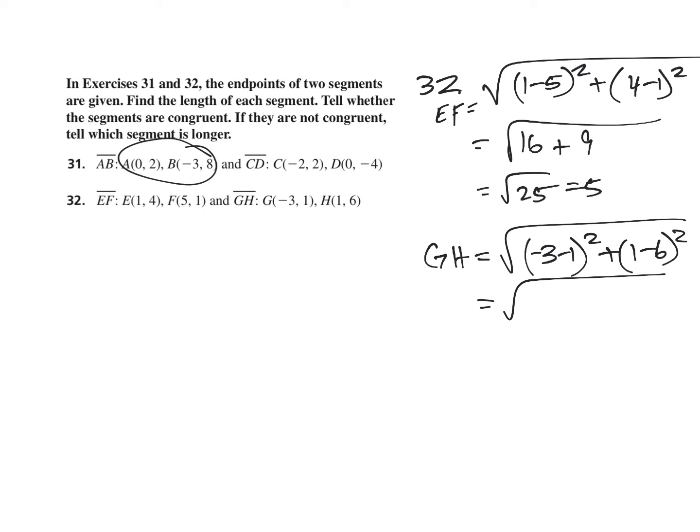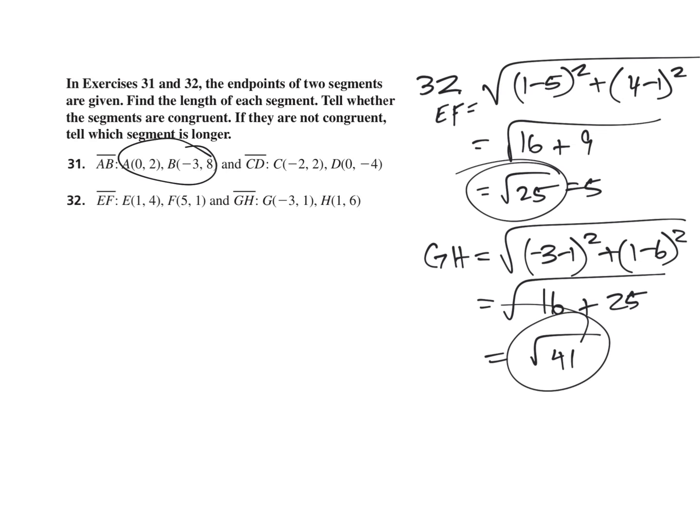So we get negative 3 minus 1 is negative 4 squared is positive 16. 1 minus 6 is negative 5. Negative 5 squared is positive 25. That is the square root of 41, which is bigger than the square root of 25. So, EF is not congruent to GH, and GH is longer.